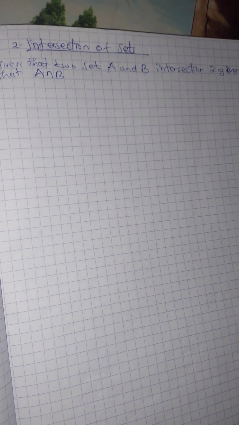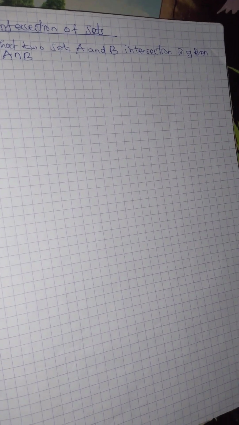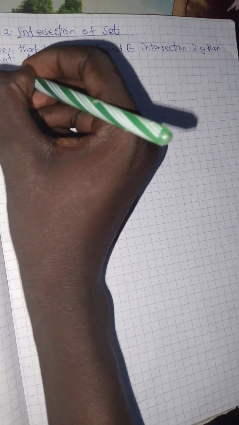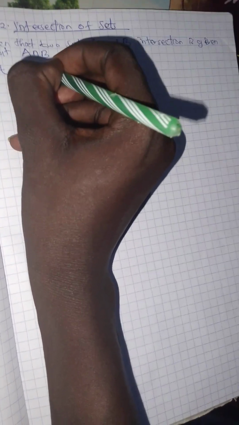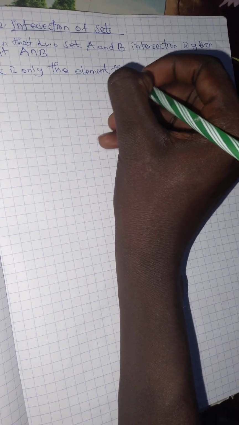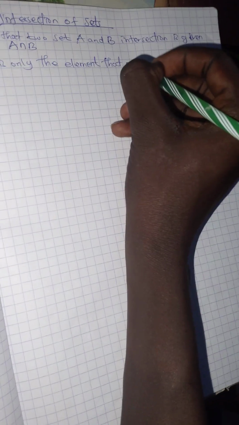It's the opposite of the sign of union. Its definition: it is only the elements that are in A and B.